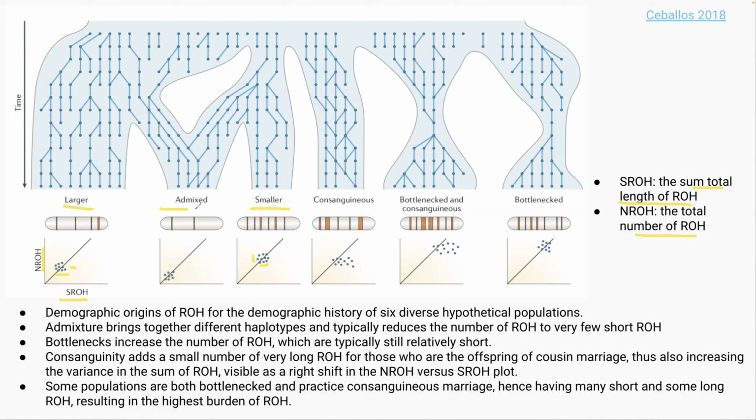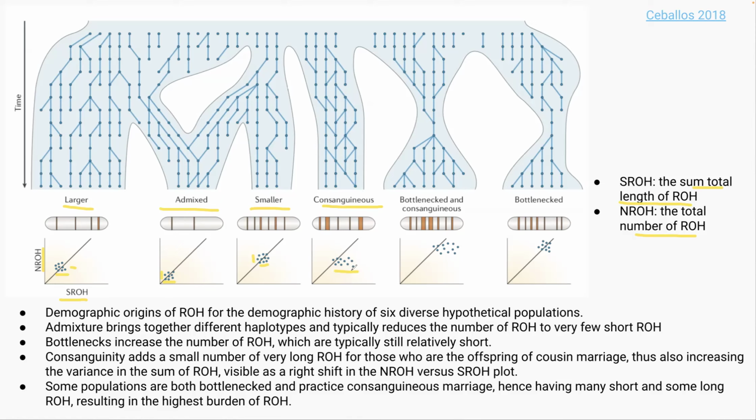But if you look at the admixed population, which is European ancestry married with Asian ancestry, in that case they are genetically very different. So the ROH sum is getting lower, and the number of ROH is getting lower as well. If you have consanguineous marriage, as we see in the Middle East, they experience longer ROH blocks, right?